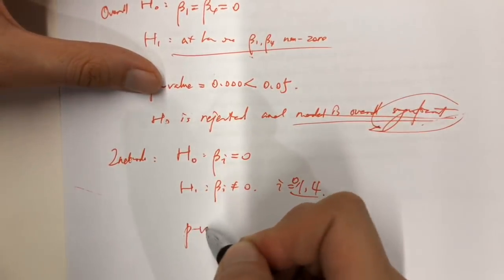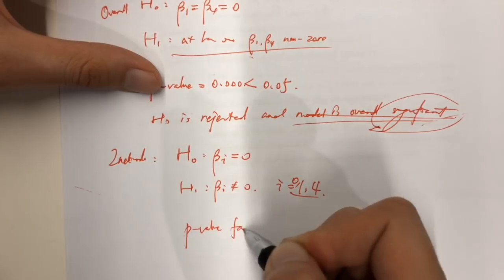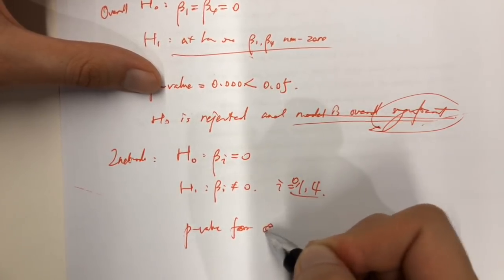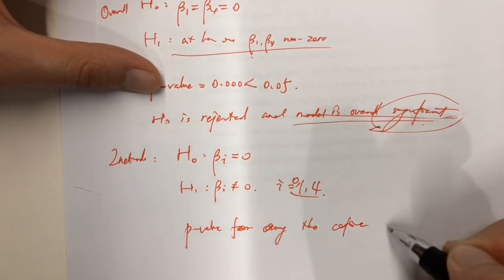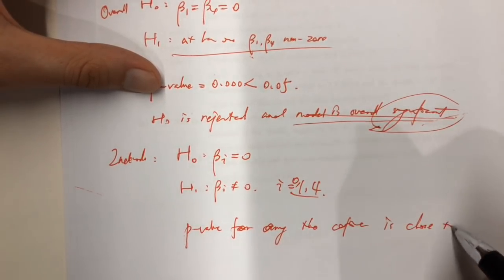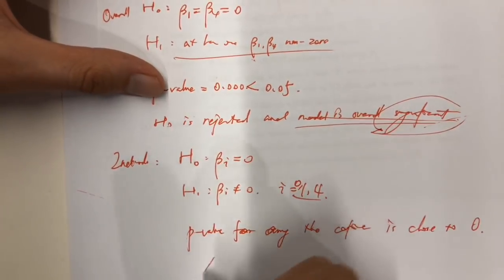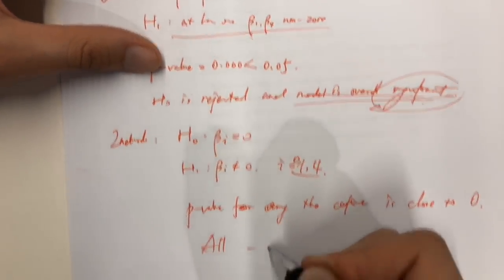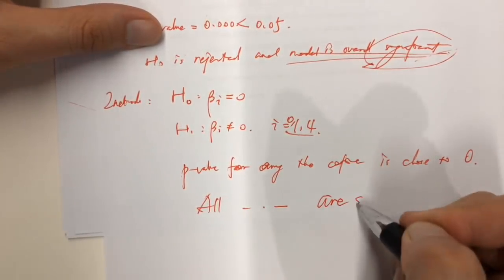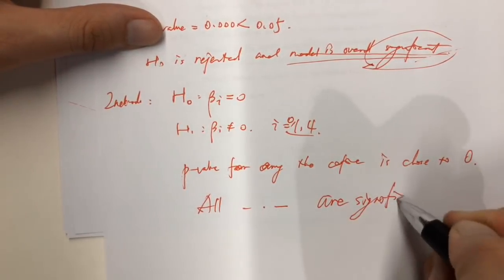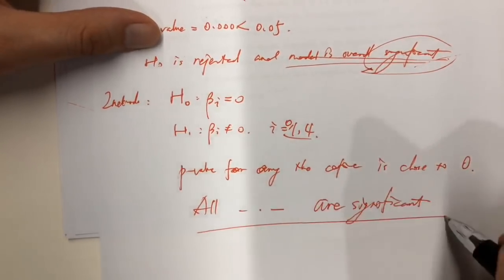Since the p-value for any of the coefficients is close to 0, all the independent variables as well as all the coefficients are significant. So everything is significant.